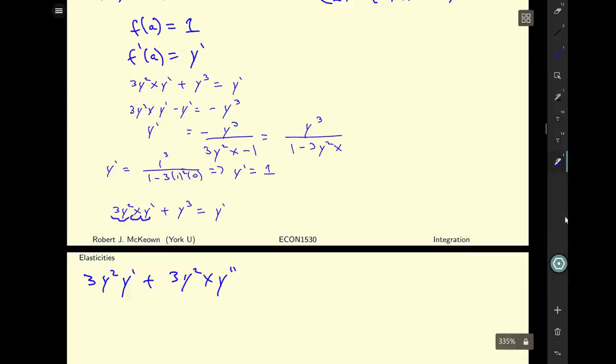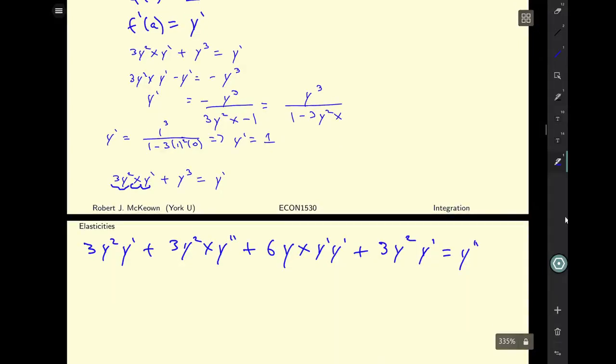Now we've got that one. We're going to end up with 6y x y prime, plus 3y squared y prime equals y double prime. Woo!